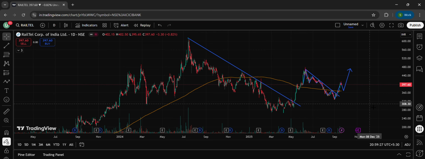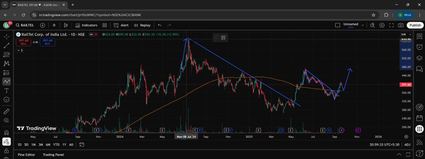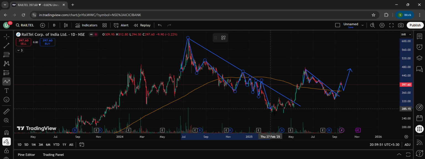Now, in the bearish phase, that's one high, this is its next high which is lower than the previous high, and this is another high which is again lower than the previous high, and you can see another high, another high. Almost every time, the high is lower than the previous high.